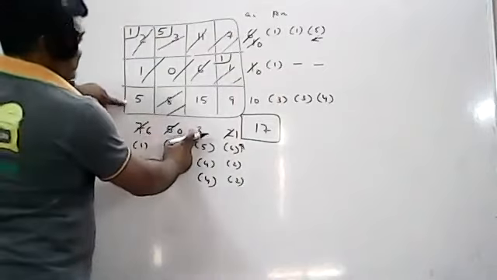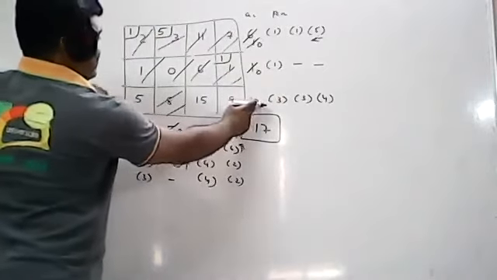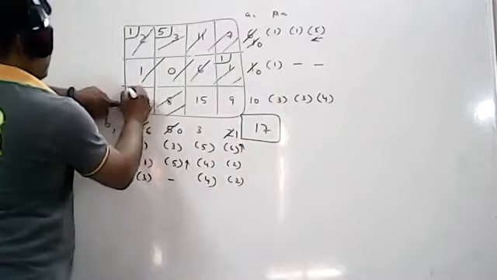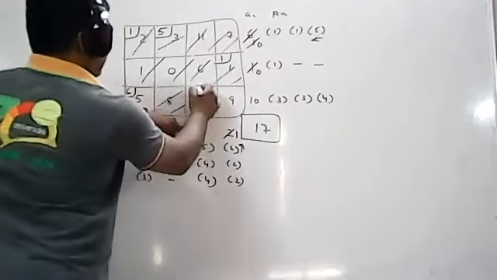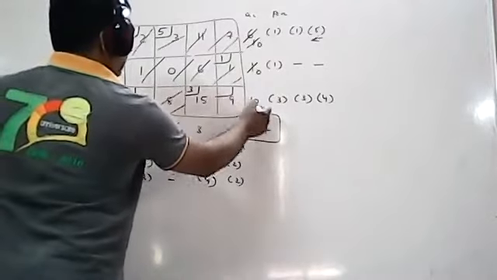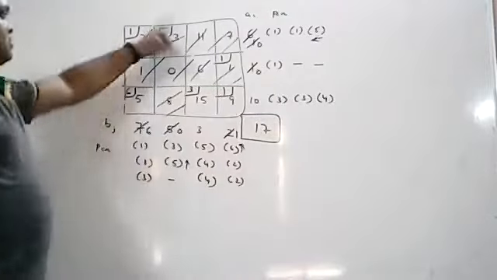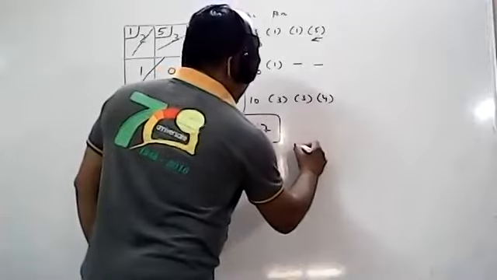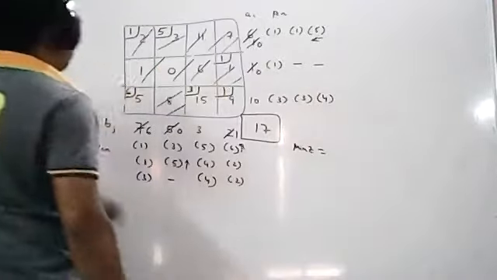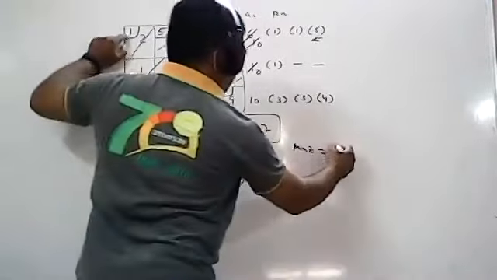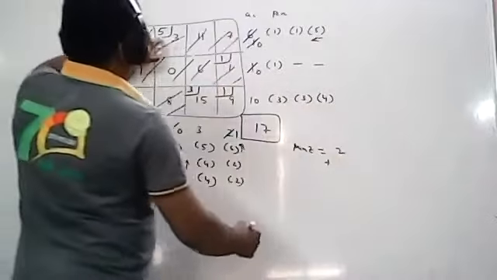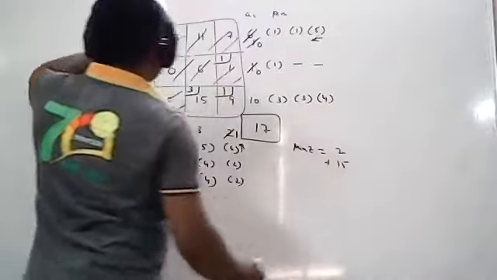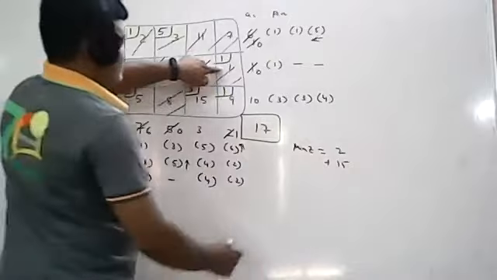Check the value. 6 plus 3 is 9. 9 plus 1 is 10. 10 is there. So directly allocate 6 for this one, 15 for 3, and 9 for 1. Now you can calculate, all of you know how to calculate. Minimum Z equals 2 into 1, 2, plus 3 into 5, 15, plus next allocation 1 into 1, 1.